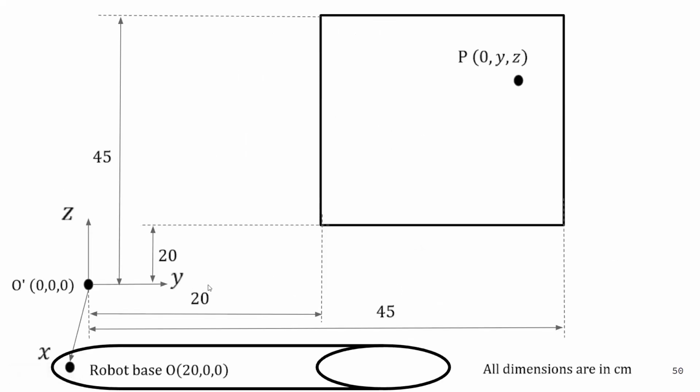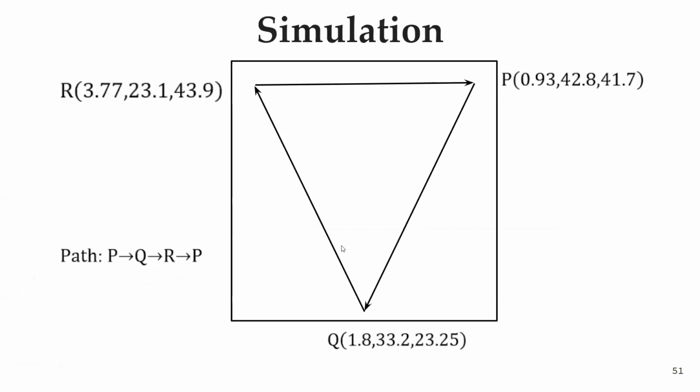Now this was the setup, and I have defined some parameters like 20 up and 20 in the y direction, and similarly 45 and 45, and the robot is placed at a distance 20. All dimensions are in centimeters.